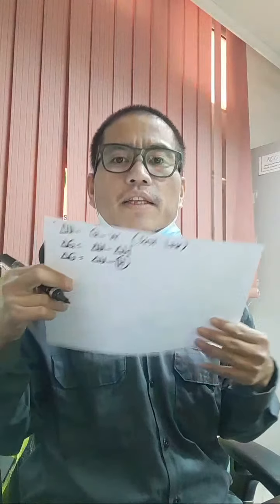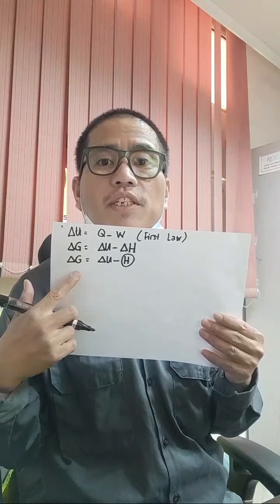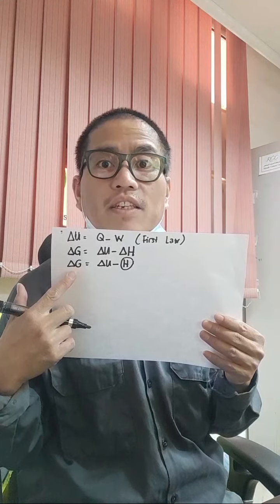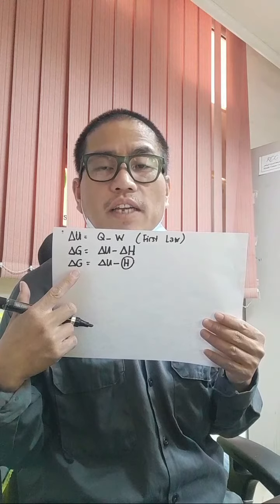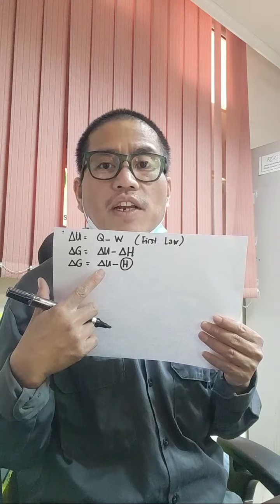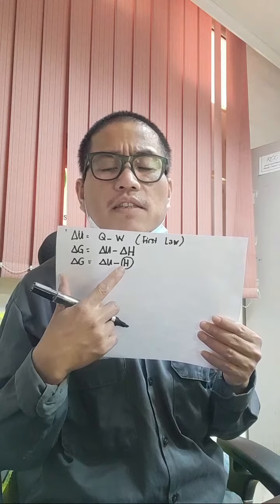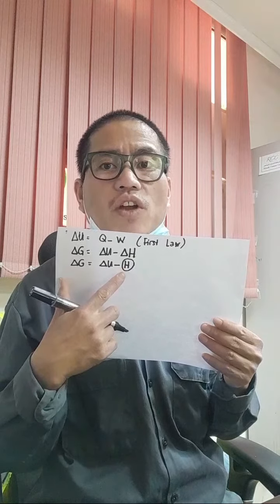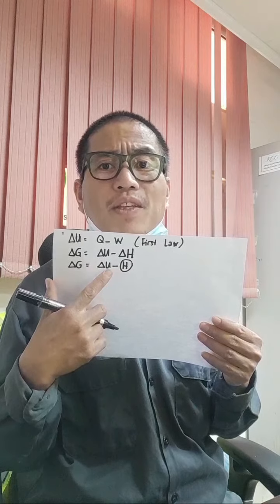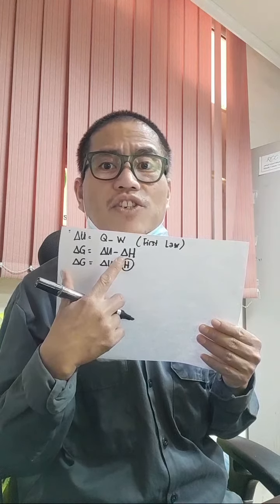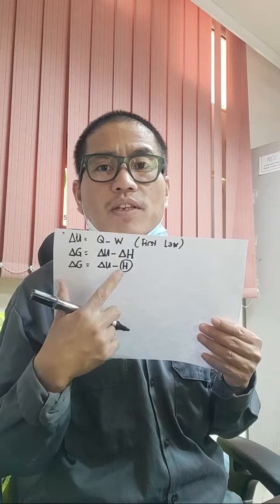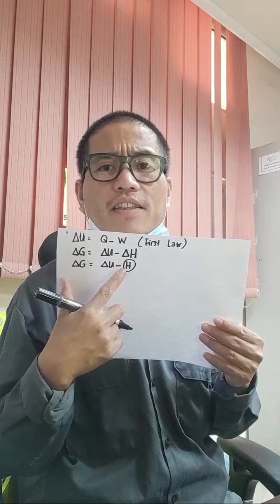From the second law of thermodynamics, we have the change in Gibbs free energy, which is the spontaneity of the process, and then the change in internal energy minus the heat energy transferred. If there are changes of heat from the system and from the source, we need to use delta H. But if there are no changes in heat, just H.